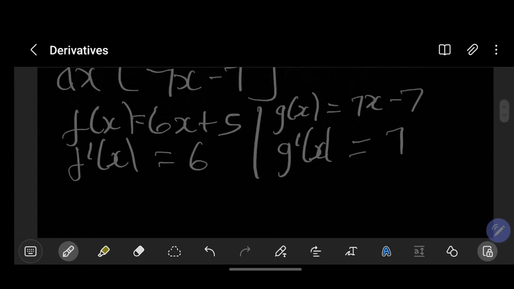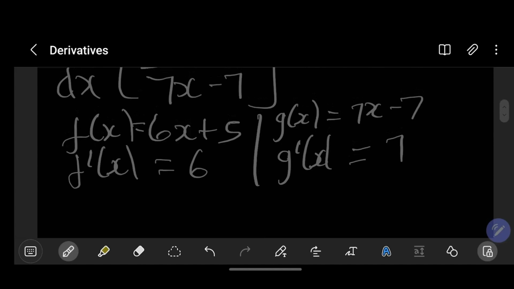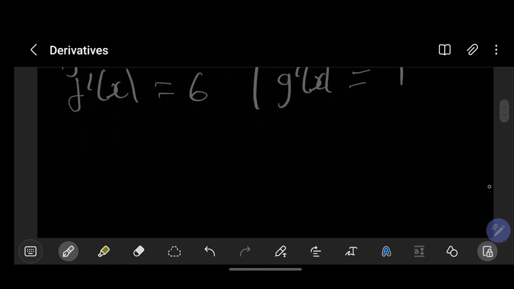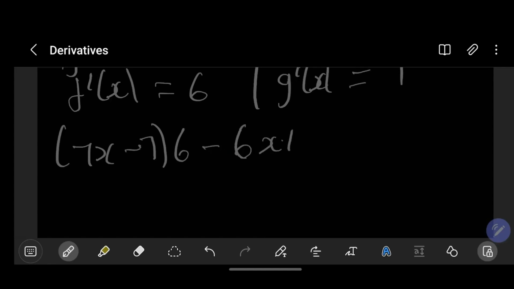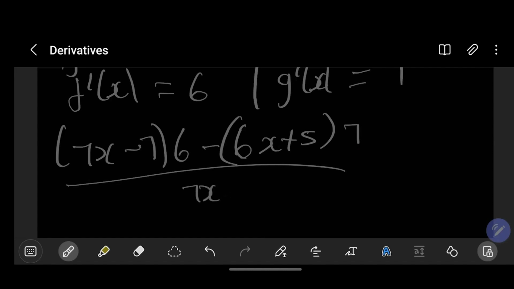So taking this and now plugging into our rule, we now have 7x minus 7, which is our g of x, times f prime of x, which is our 6, minus g of x, which is 6x plus 5, times our g prime of x, which is 7, all over (7x minus 7) all squared.